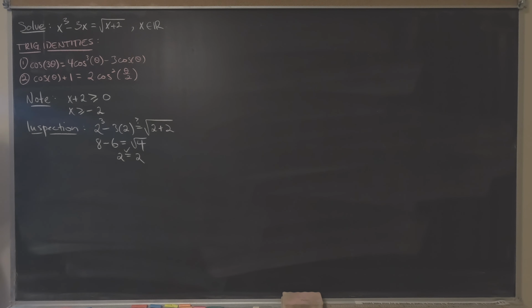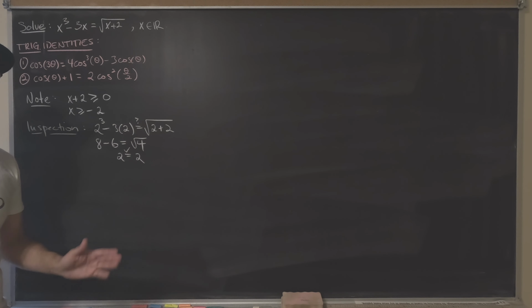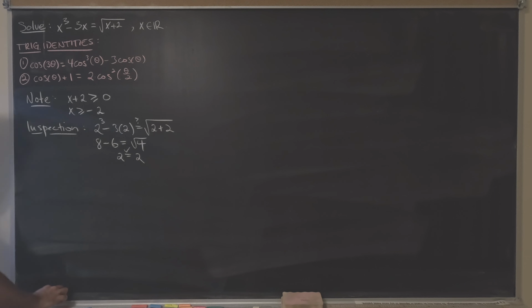Well, then why don't we do the following? If we know our solutions have to be greater than or equal to negative 2, and at 2 we already have one solution, let's look between negative 2 and 2 to find any other solutions. So case number 1. We'll look between negative 2 and 2 for x.